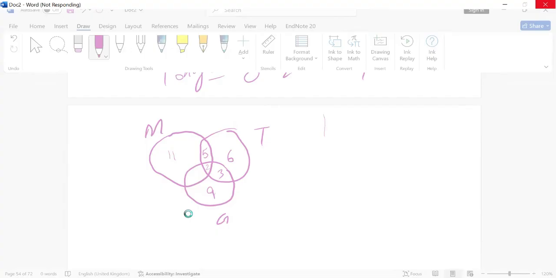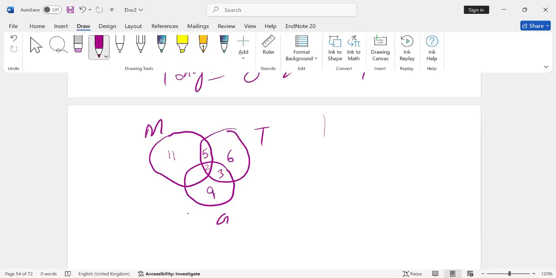You just see this section, and you just have to draw the Venn diagram. Okay, this is how we can draw the intersection of all the questions.